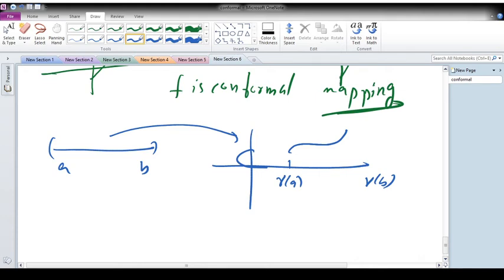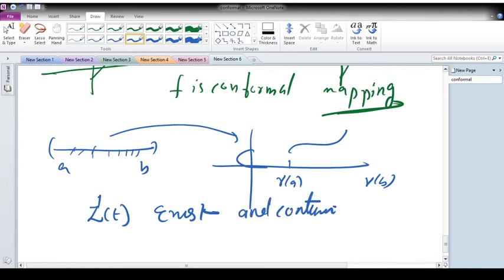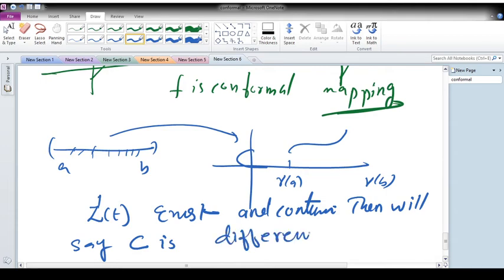For all t in the domain, if the derivatives exist and are continuous, then we say C is differentiable.